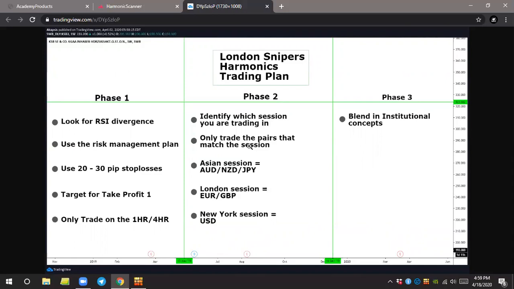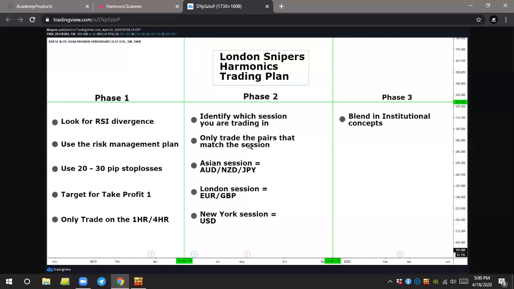So Asian session might be easier for them to trade. And then London session might be easier for somebody actually in London, because they can wake up in the morning and trade London session, and they can also trade New York in the afternoon, right? So you have to be very aware of where you are in this world and what time zone you're in. And then you have to be aware of the times that these sessions start.